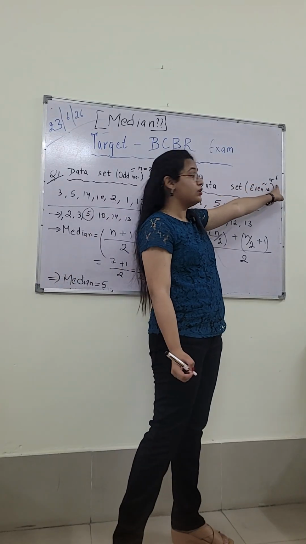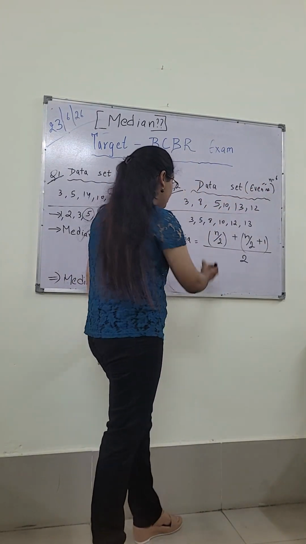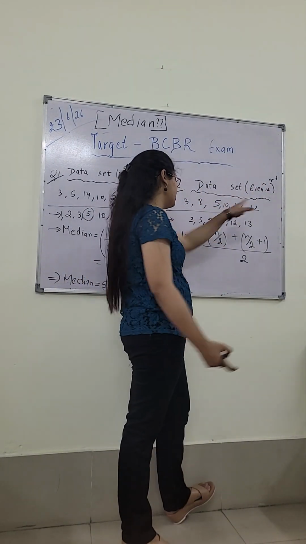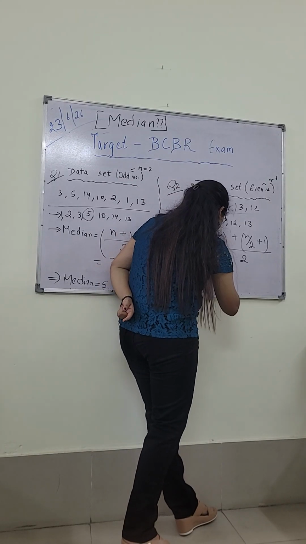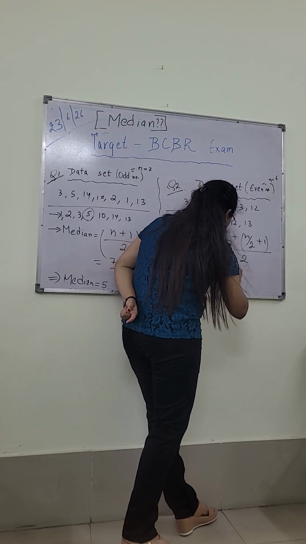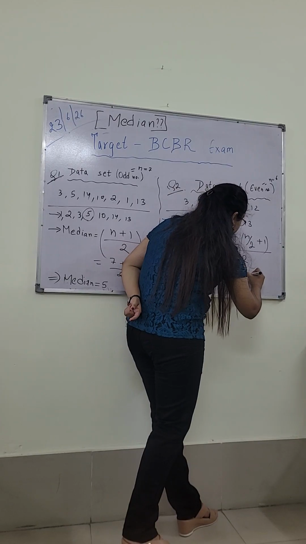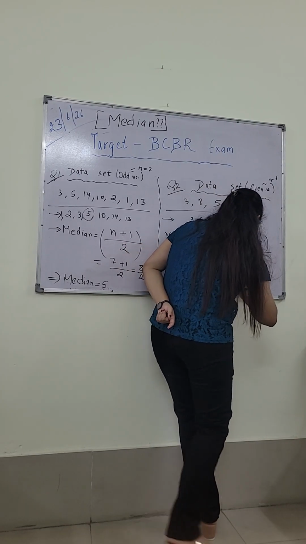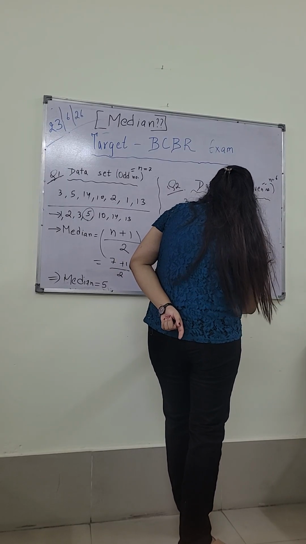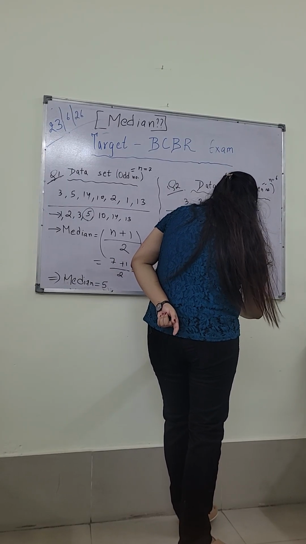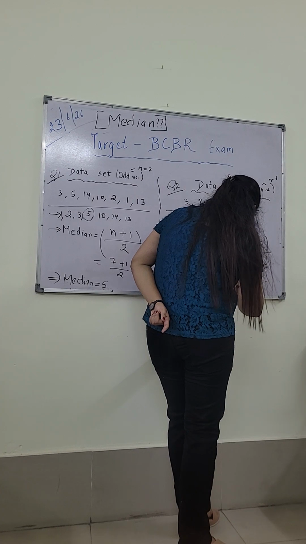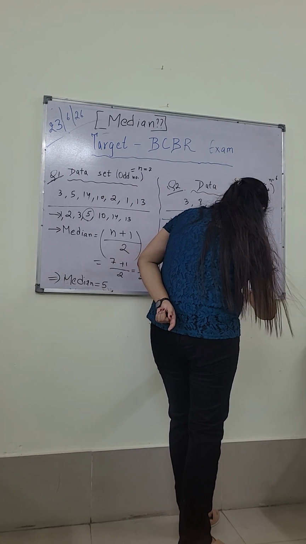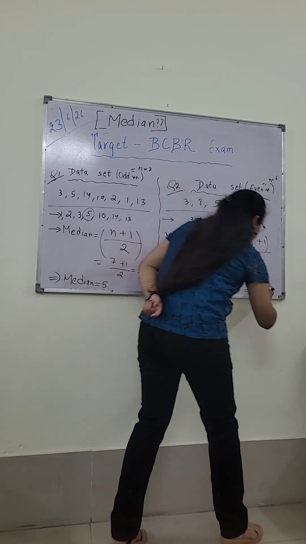Now coming to the even number data set. What is our n value? n is 6. So on substituting 6 in this formula, what will we get? 6 by 2 plus 6 by 2 plus 1, by 2. So the third value plus the 3 plus 1, fourth value, upon 2.